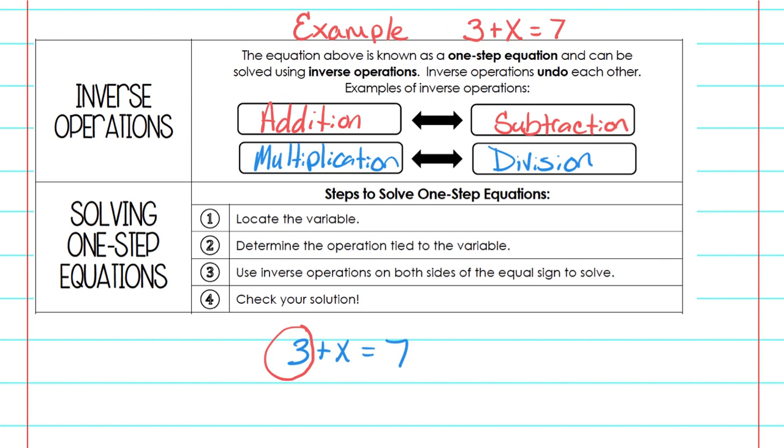So if it's plus 3, the inverse operation, or the opposite of that, would be negative 3. If I do it to the left side, I have to do it to the right side. 3 minus 3 cancels out. 7 minus 3 is 4. So bring the rest of the information down, and I end up having x equals 4.